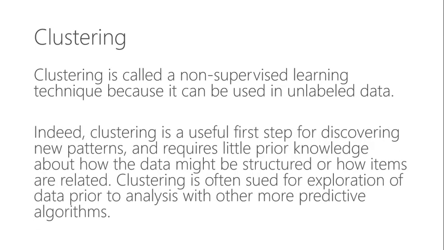Indeed, clustering is a useful first step for discovering new patterns and requires little prior knowledge about how the data might be structured or how items are related. Clustering is often used for exploration of data prior to analysis with other more predictive algorithms.